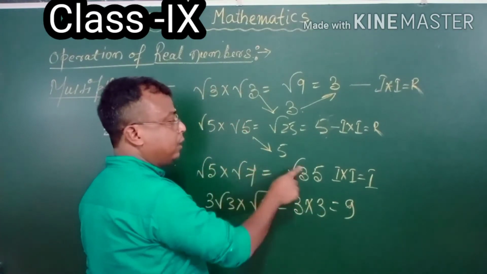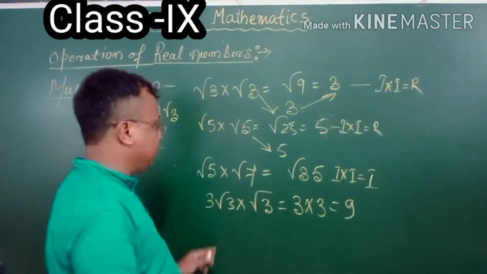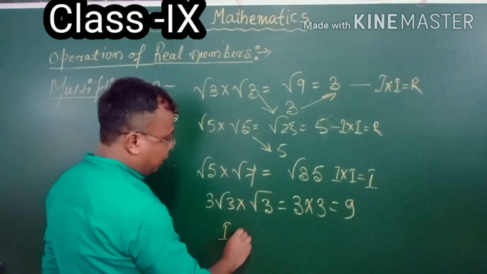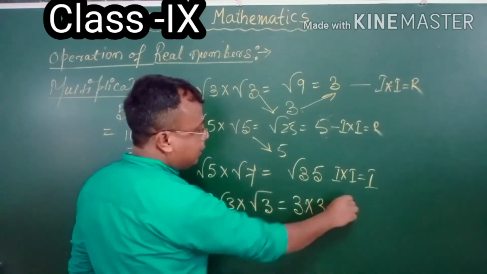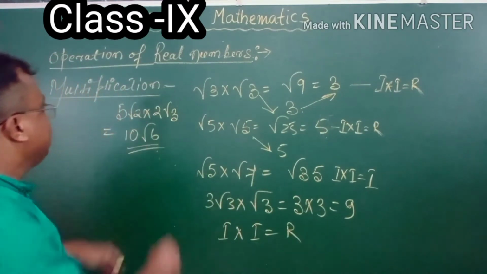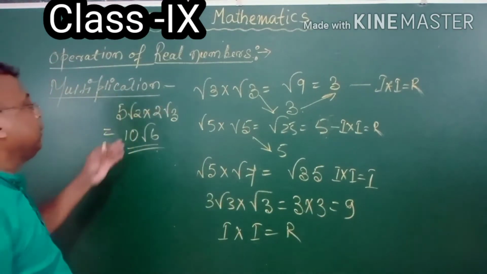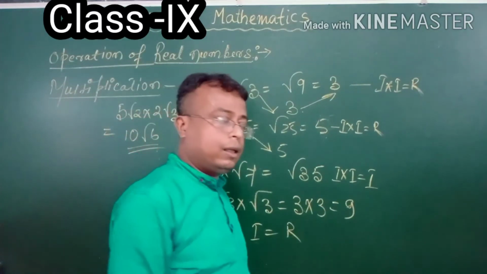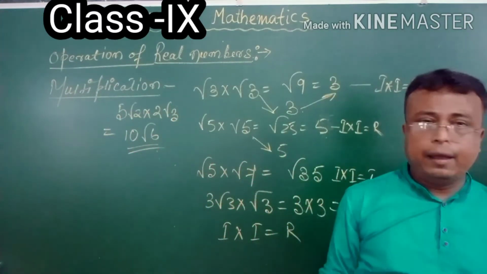Irrational into irrational, irrational. Here also, irrational into irrational, the answer you get is 9. 9 is a rational number. Clear? So here irrational into irrational, you are getting irrational.